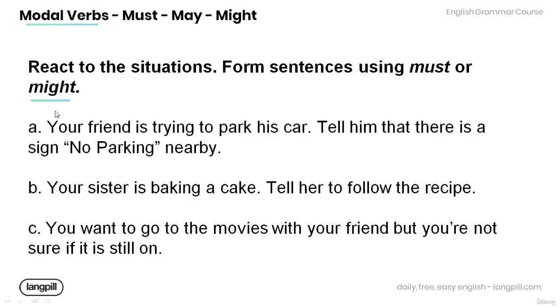And now, recreate the situations. Form sentences using must or might. A. Your friend is trying to park his car. Tell him that there is a sign, no parking nearby.